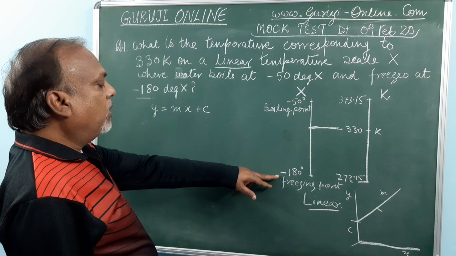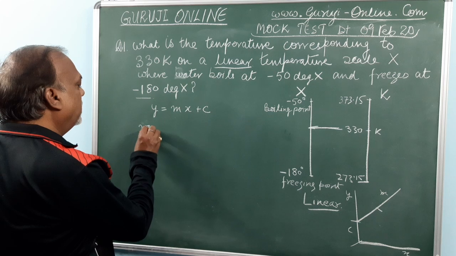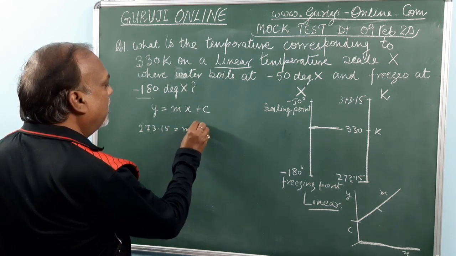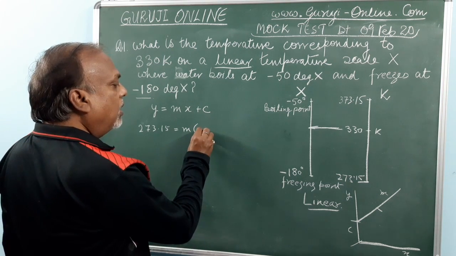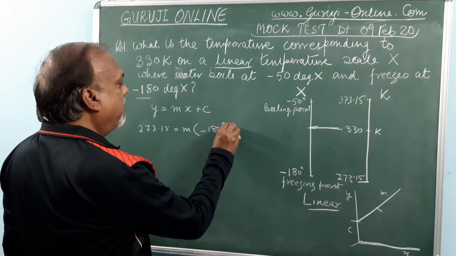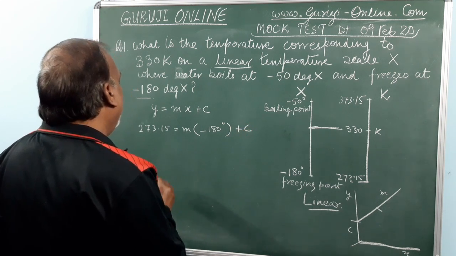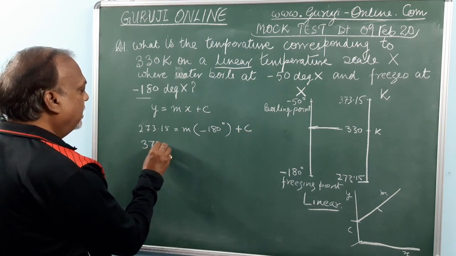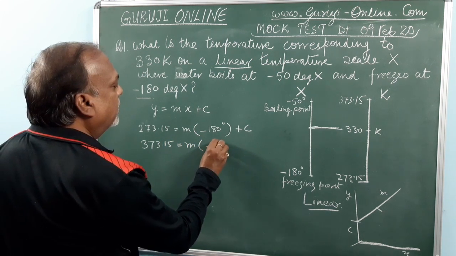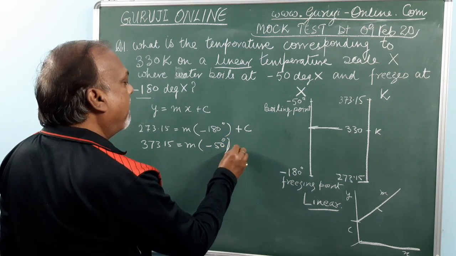When y is 273.15, x is minus 180 degrees, plus c, and when y is 373.15, x is minus 50, plus c.